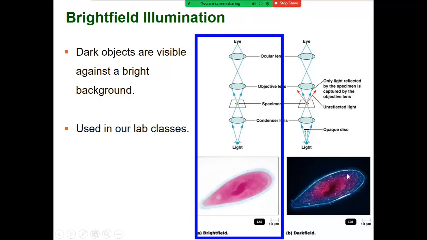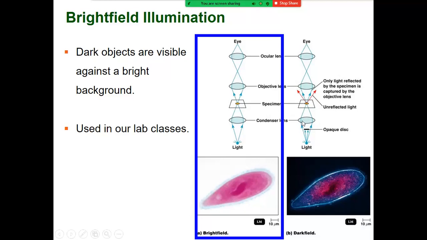And that's why the specimen looks darker here than in bright field illumination. So most of the light coming through, which is indirect, meaning the direct light blocked by the disc, the indirect light would not normally come up to the objective lens.